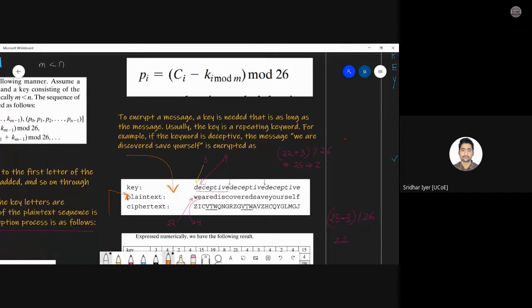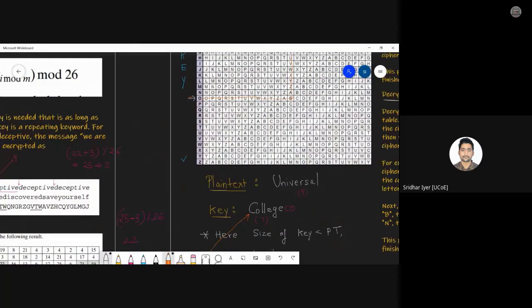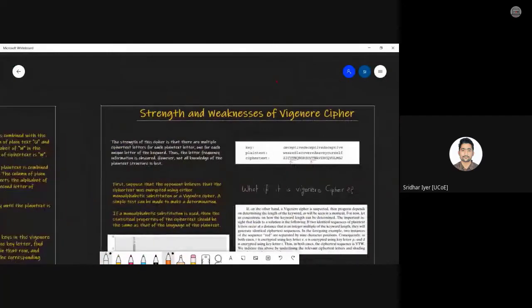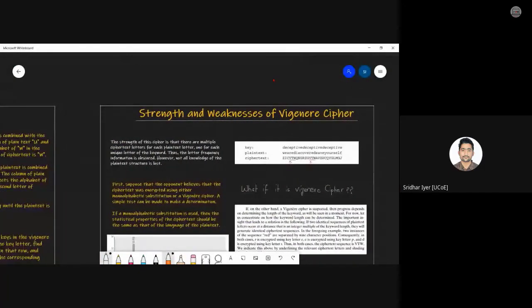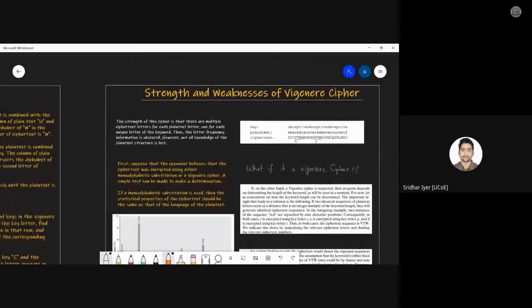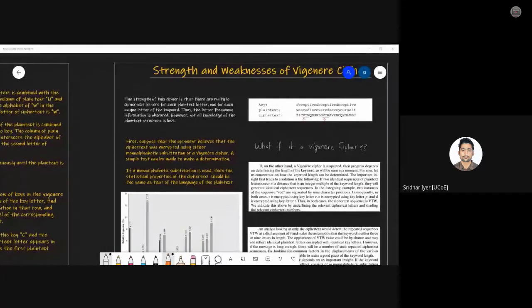Fine. Clear? So let's jump to the strengths and weaknesses of this Vigenere cipher. Can anyone tell me what are the strengths and weaknesses of this cipher and how to do cryptanalysis? Yes, Harsh, you have to use the key 3 times because the key size is less, right?